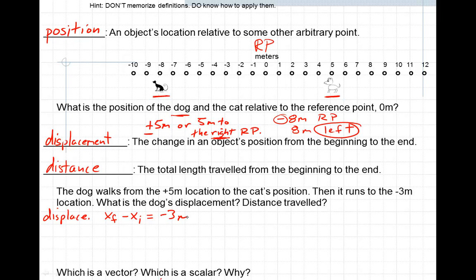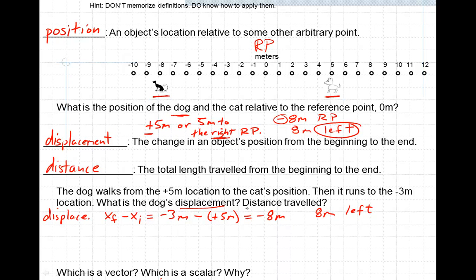Its initial position was at +5 meters. So I'm going to subtract the +5 meters, and that gives me a value of -8 meters. Or we could say that its displacement is 8 meters left, as long as we understand that that's what the negative sign means. Now, that answers the displacement.